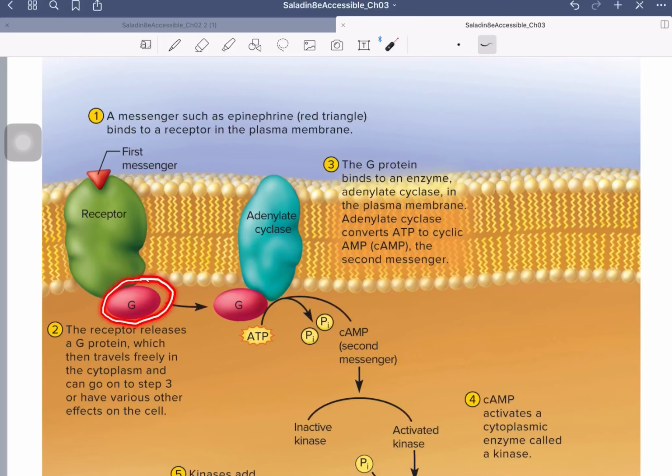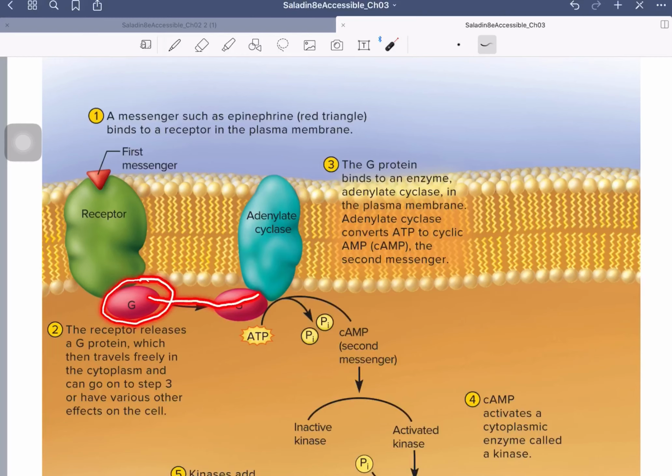Once the G protein is activated, it interacts with an enzyme, adenylate cyclase. Look at the name: the ending ase tells us it's an enzyme. Look at the first part, adenylate. That's going to sound somewhat familiar when we see what it actually works on.